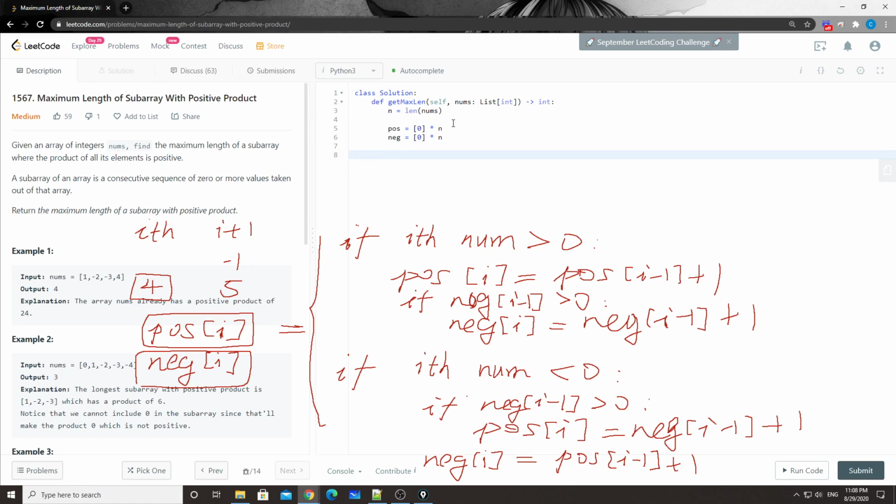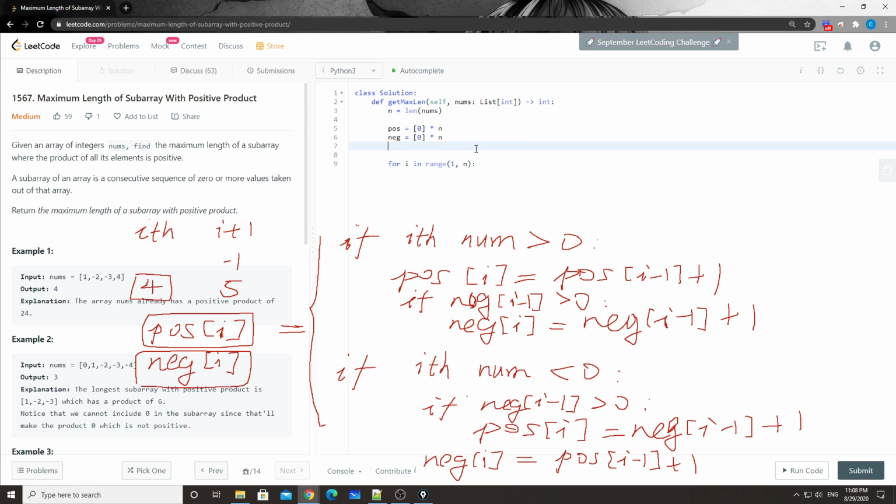Since we're doing I minus 1 and negative I minus 1, we need to initialize the 0 index, because later on we're going to start from 1 so that the index will not go out of the boundaries. Or we can just do an n plus 1 size here, but it's up to you.